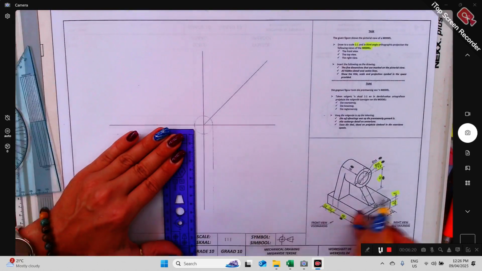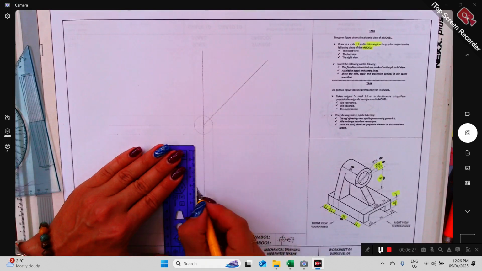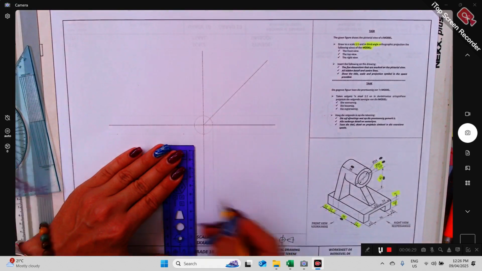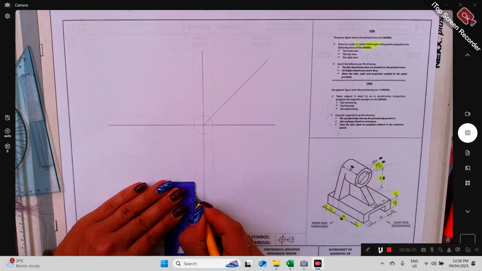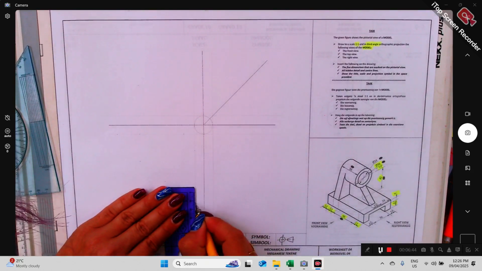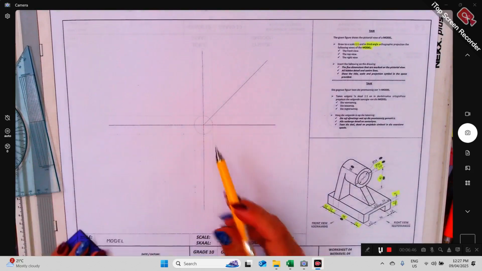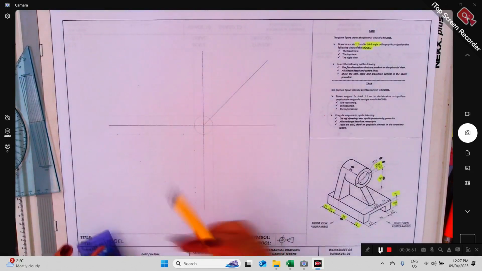I move my ruler onto the 18 point, plus 42, plus 6, plus 12. Then I have the entire height and width measured out of my front view.